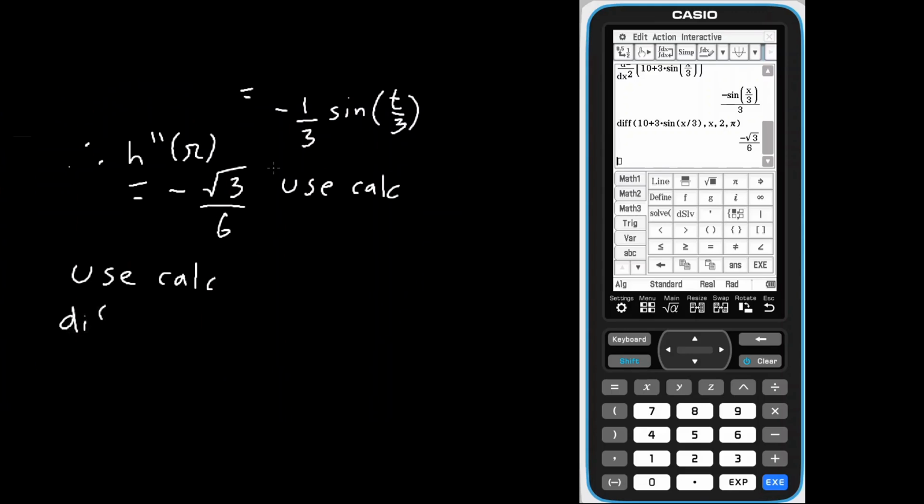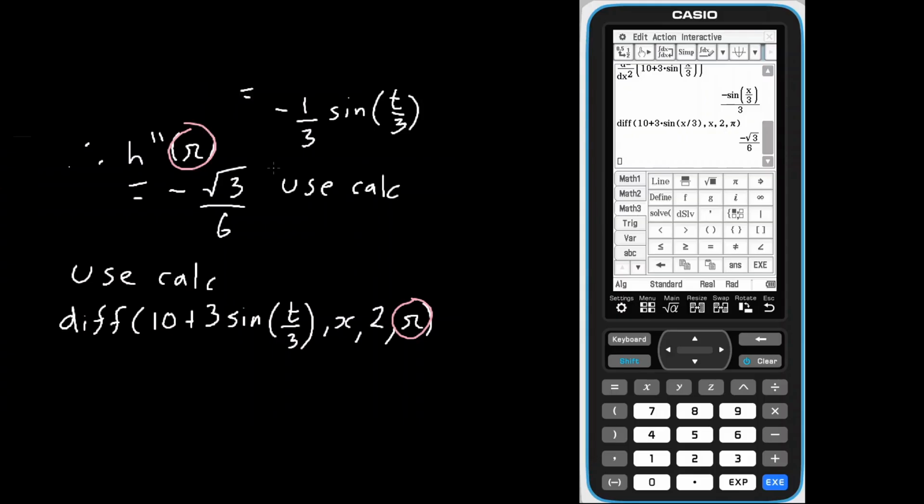But you can just write out what you're going to use, and that's the diff 10 plus 3 sine, and just remember to use t instead of x. Really common mistake is swapping between them, and then say x, the second order of differential, and this is the value that we're substituting in. Okay, so that is this value here. Perfect. All right. That will get you all the marks you need for this particular type of question in your exam.